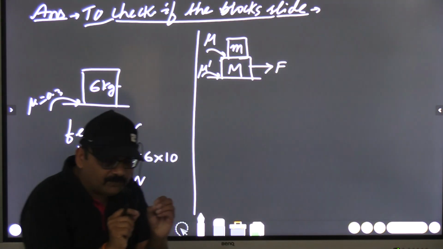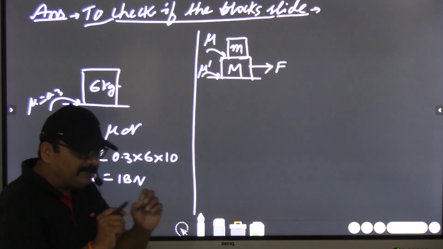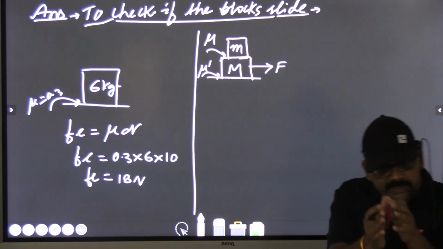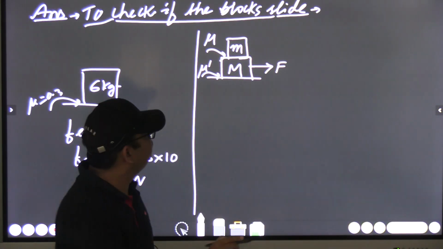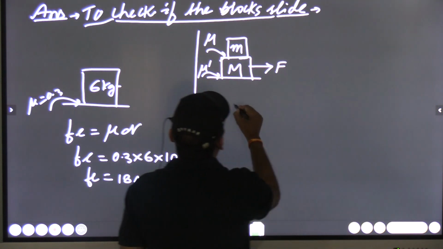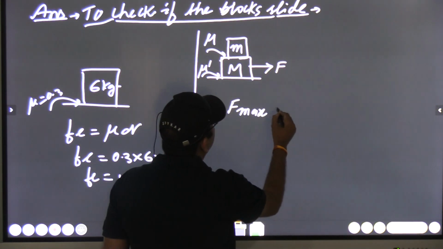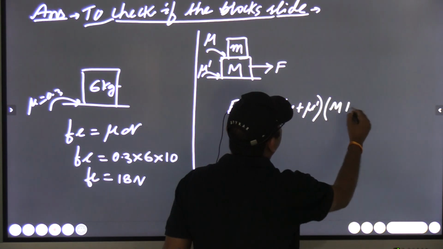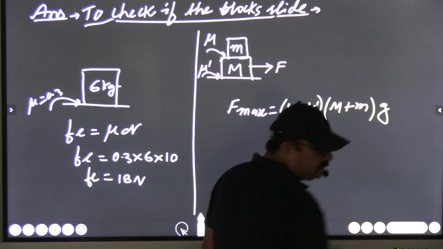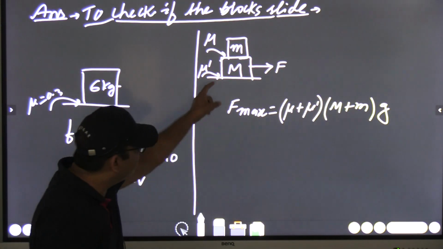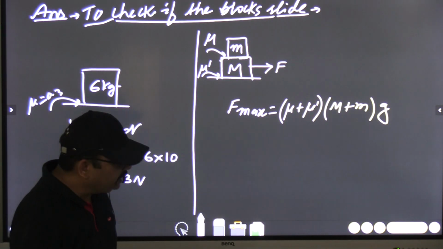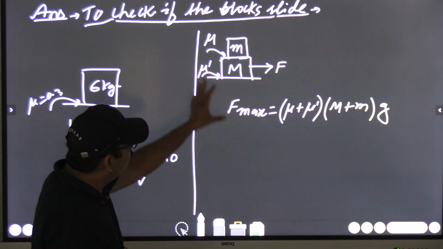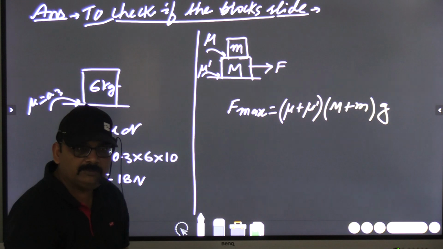Then the maximum force that can be applied to the lower body so that the bodies move together is F max. We have this formula of F max: (mu plus mu dash) into (M plus m) into g. This is the maximum possible value of this applied force. Until the magnitude of force exceeds this value, the bodies will slide together as a single body, right?